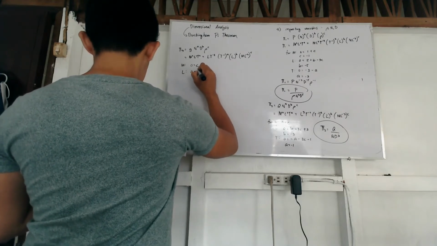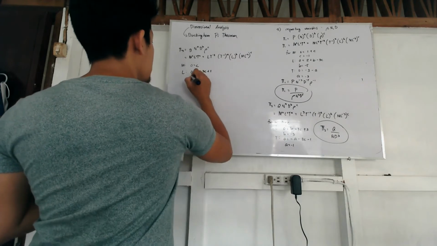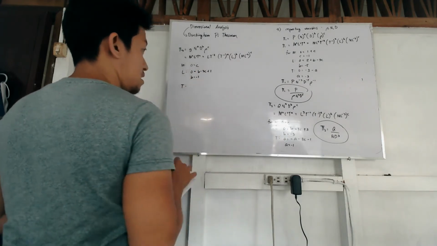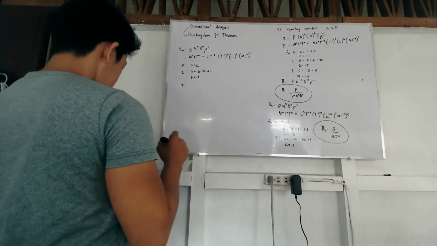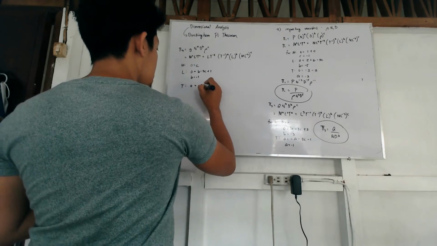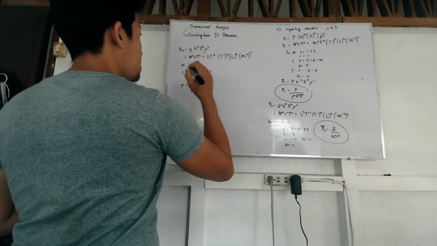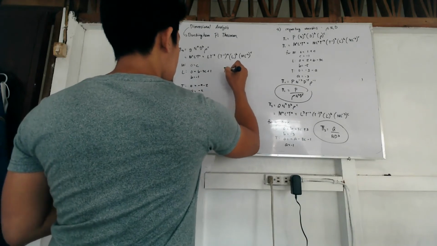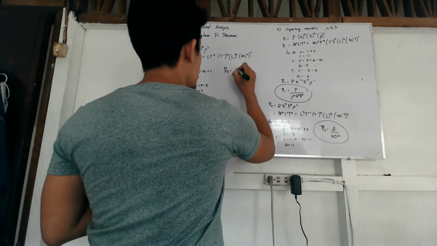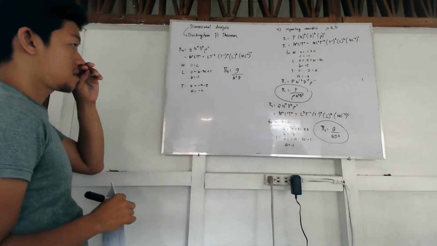L, B equals negative 1. T, your T is A equals negative 2. Therefore, pi 3 is G over N squared D. Okay?